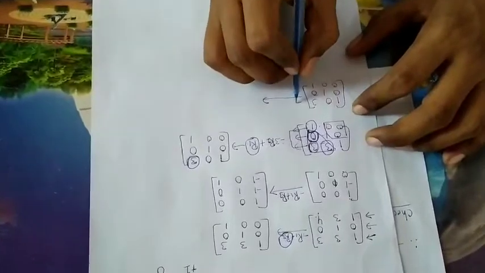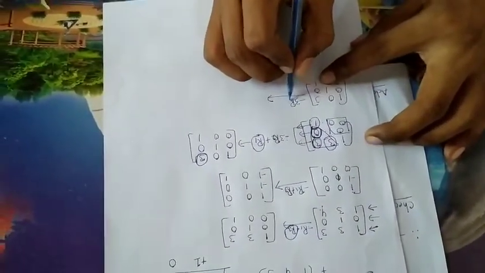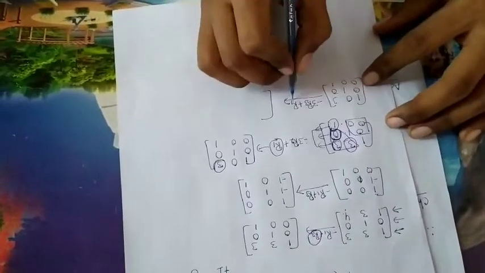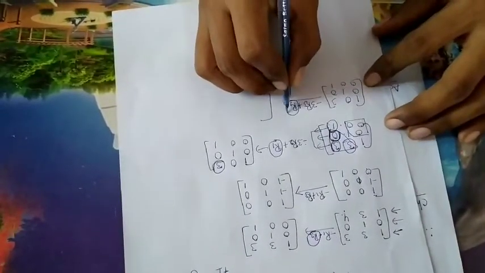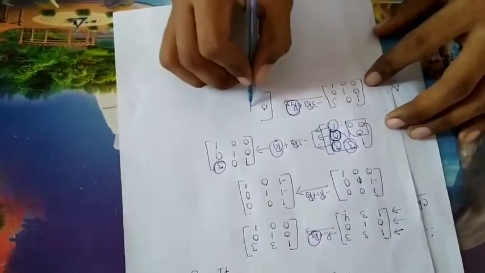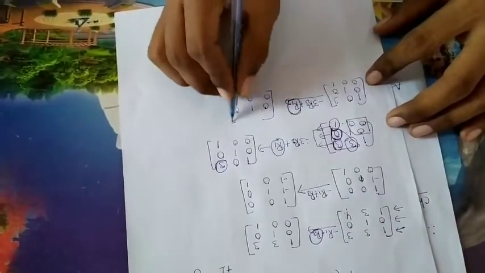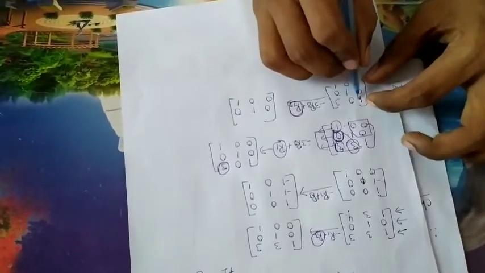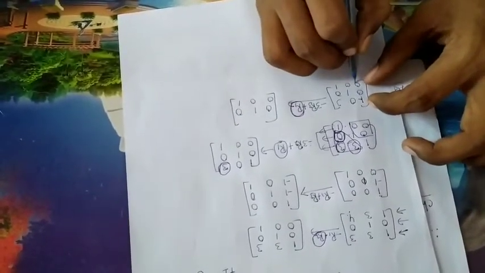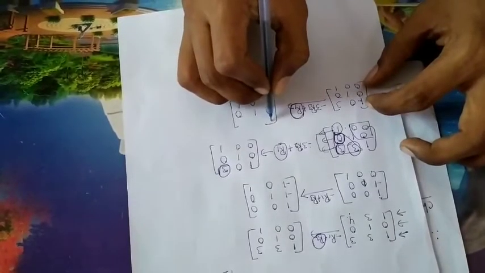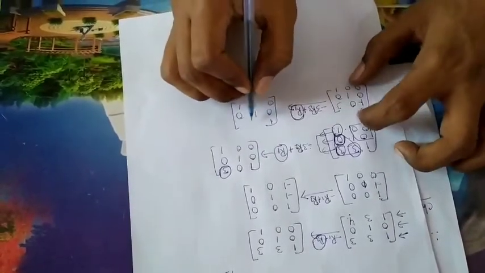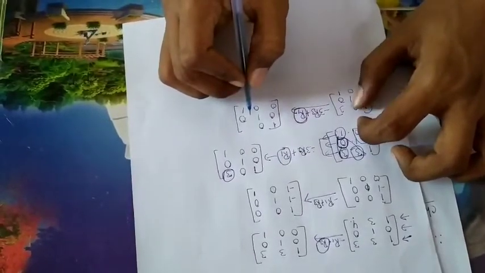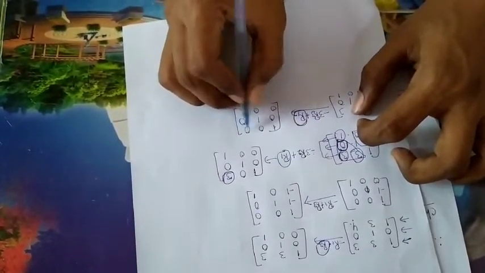What I do is minus 3 r3 plus r1, and in the same way I perform the operation on r1. So the second row and third row stay the same, and the first row becomes 1, 3 into 0 is 0, 0 plus 1 is 1, 3 into 0 minus 0 is 0, and 3 into 3 minus 3 into 1 is minus 3 plus 3, which becomes 0.